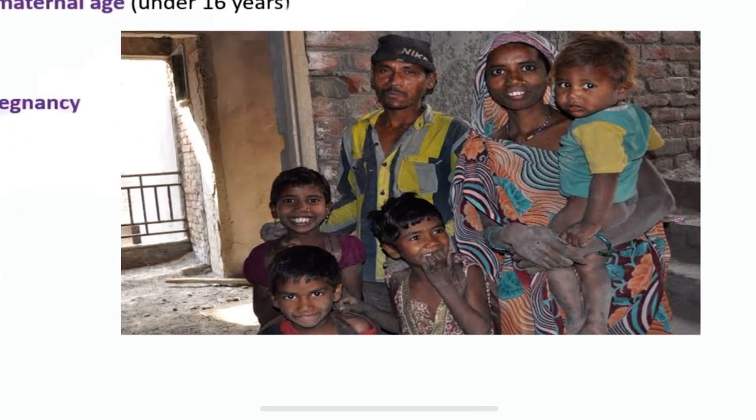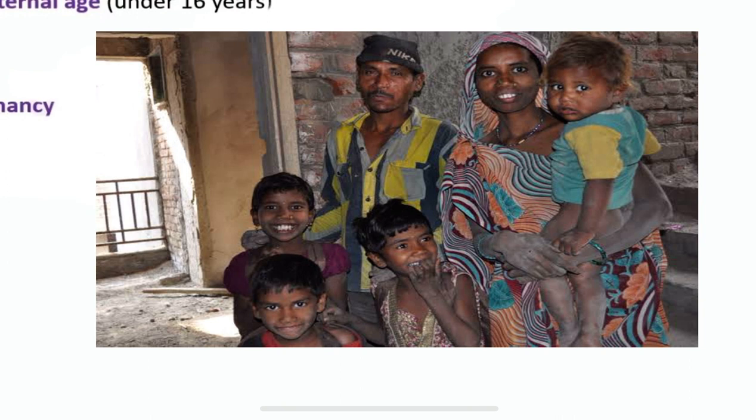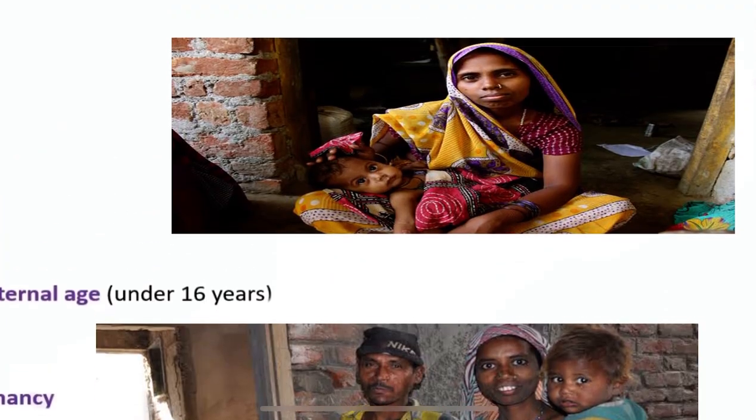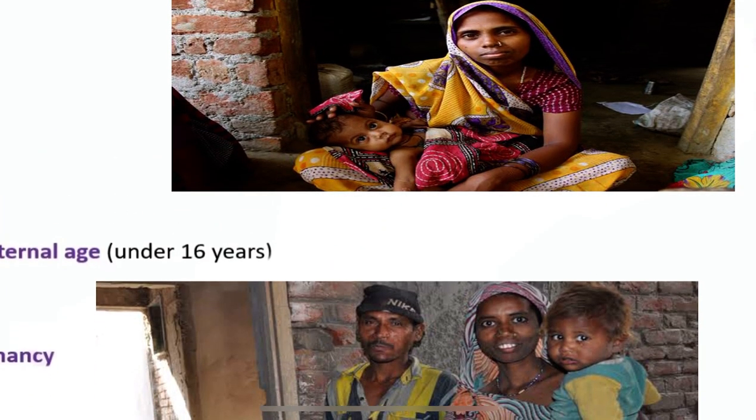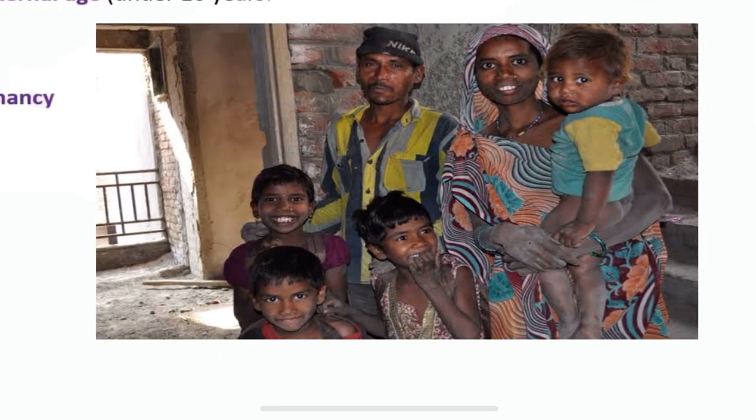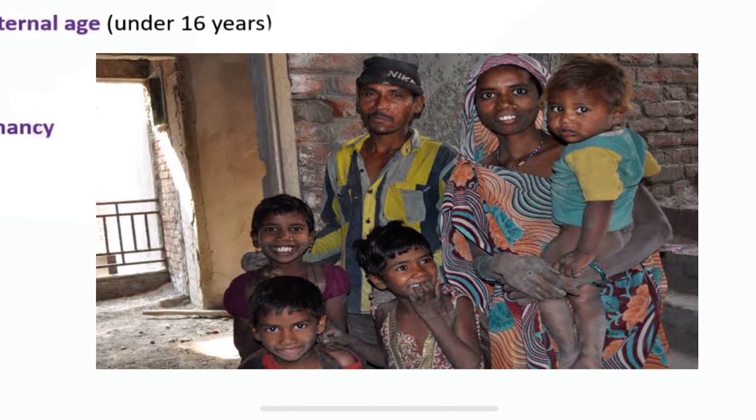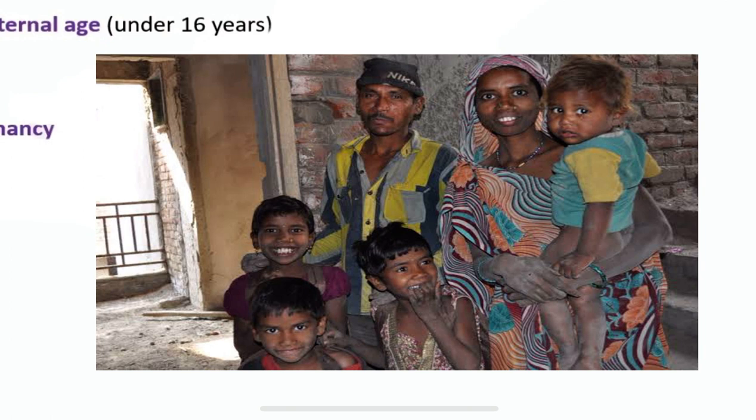We have low socioeconomic status. The maternal age could be high, that is more than 35 years, or it could be low, that is less than 16 years. Then we saw the high parity, many children, and multiple pregnancies. And bad obstetric history in the past, like stillbirths, neonatal deaths, or premature babies, and the death of a live born baby.